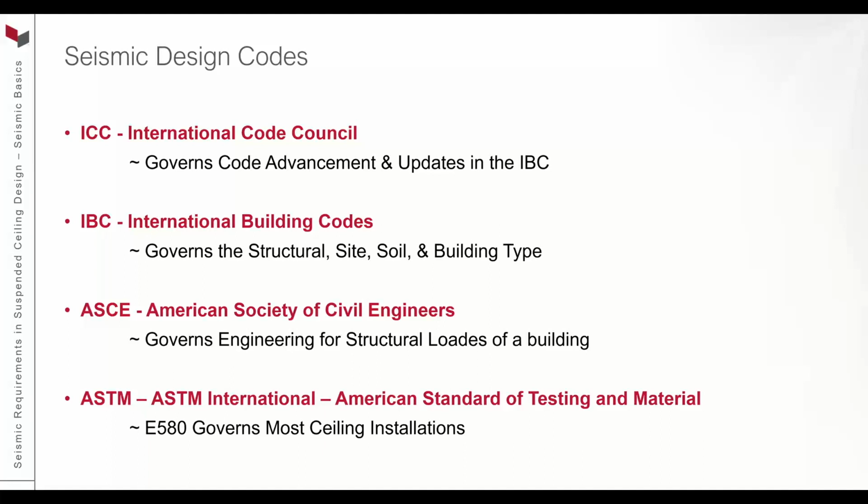This is the building code that we use to build and design our buildings around. And within the IBC, ASCE, which is the American Society of Civil Engineers, they help us know what it is that we are to engineer against and what numbers we're to use and how everything goes together as far as for that building in its loads.